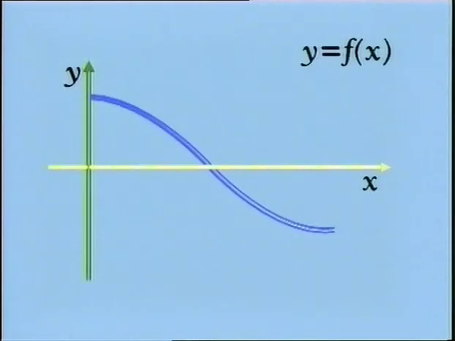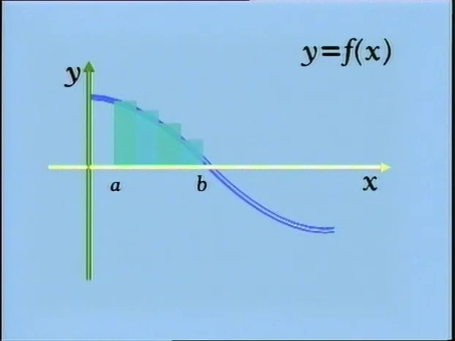But that is just the sum of the areas of these rectangles. Base h times height f at a for the first, base h times height f at a plus h for the second, and so on.